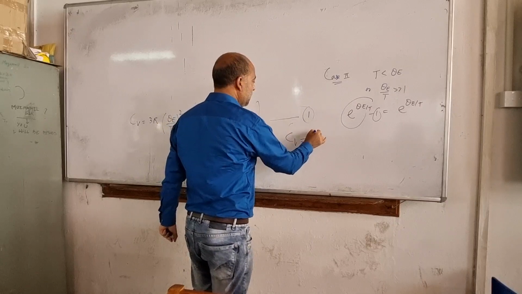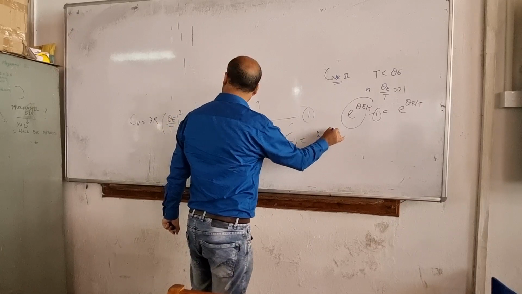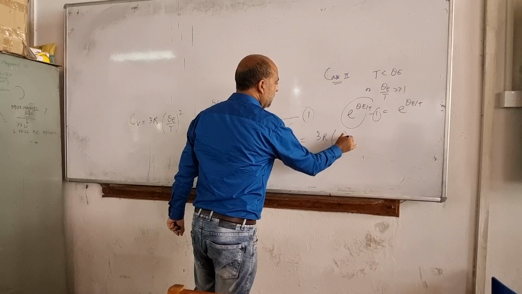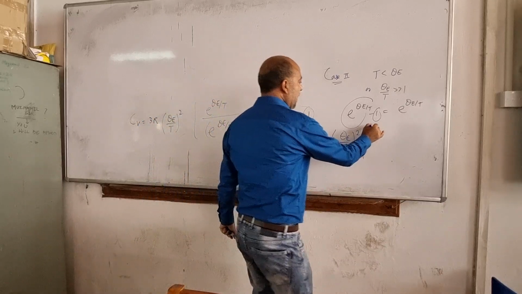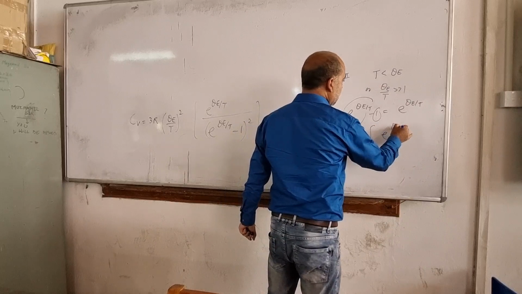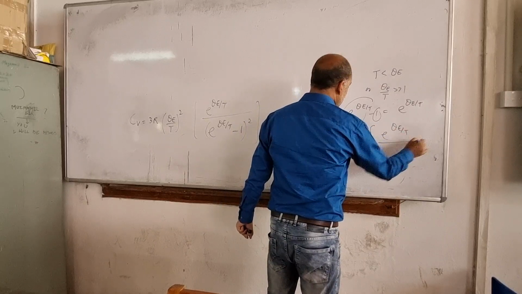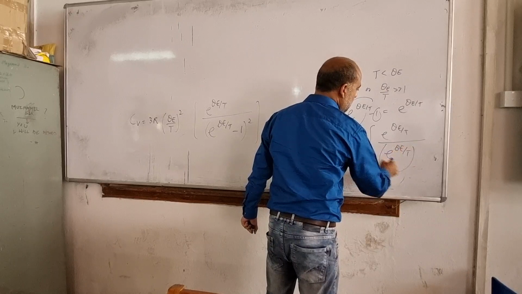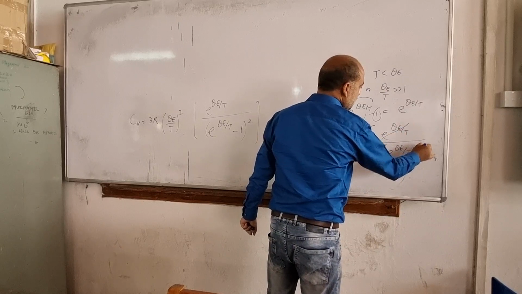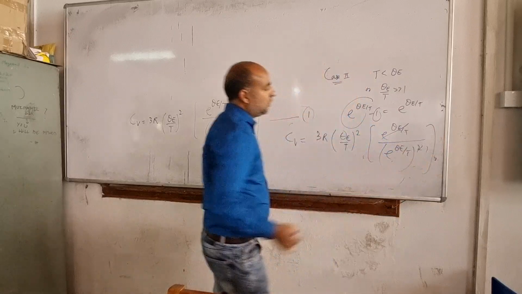Okay. So now you can substitute the values. CV is equal to 3R (theta E by T) whole square, and you are having e raised power theta E by T whole square in the denominator. This and 1 will go.